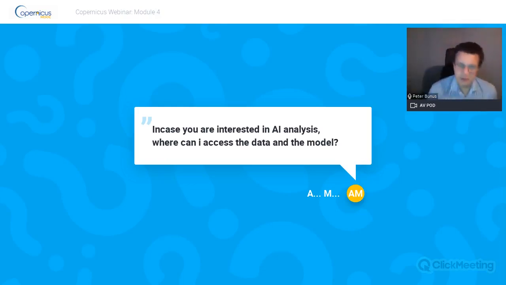In case we are interested in AI analysis, where can I access the data and the model? Well, it's not that you just download the data and the model. One needs to understand that the devil is always in the details, right?